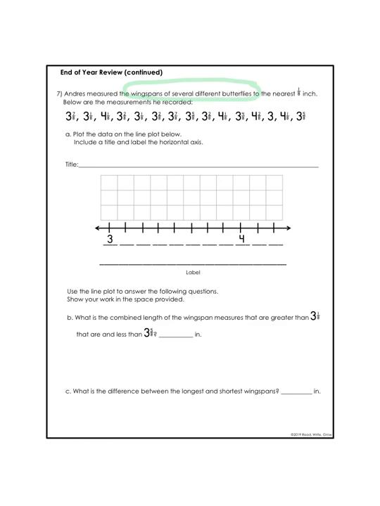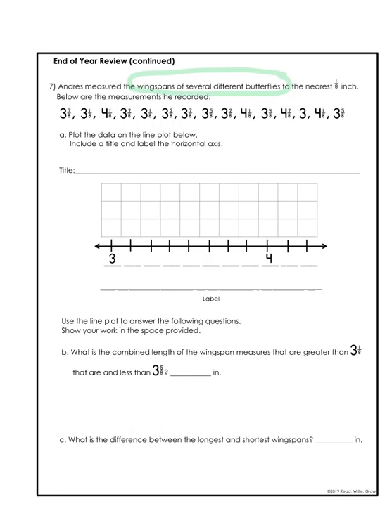So that's your wingspan. And we have a number of measurements from different butterflies. So Andreas is probably trying to figure out what is the average or what is the range of the average butterfly wingspan. Okay, so what we have here are a number of measurements.